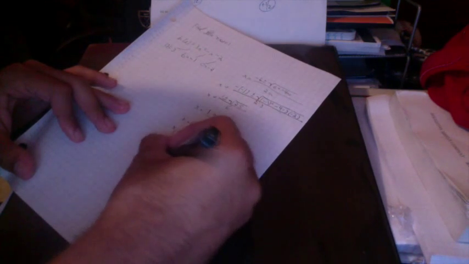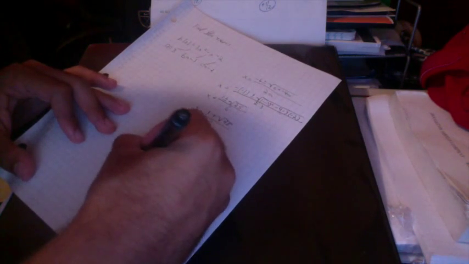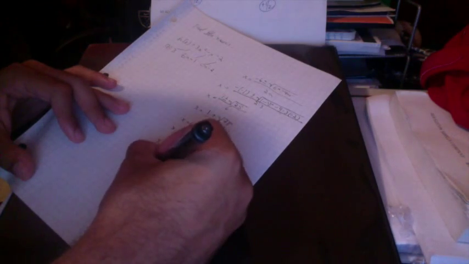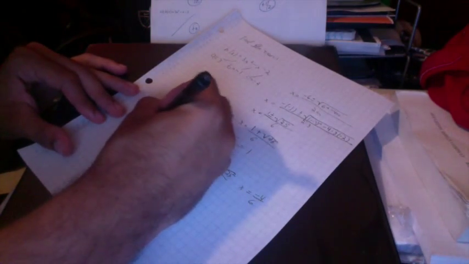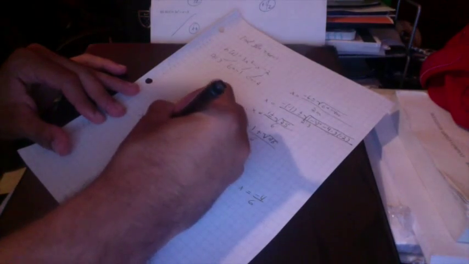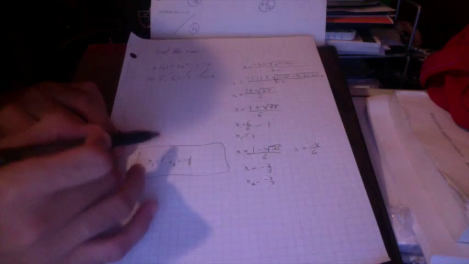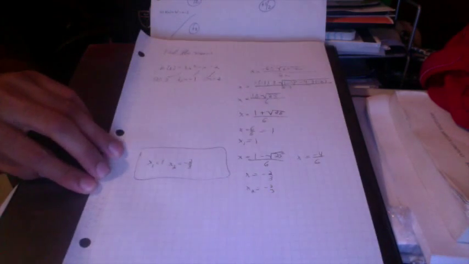That means that x2 equals -2/3. So basically the two zeros of our function are x1 equals 1 and x2 equals -2/3. Those are our zeros, otherwise known as our final solutions.